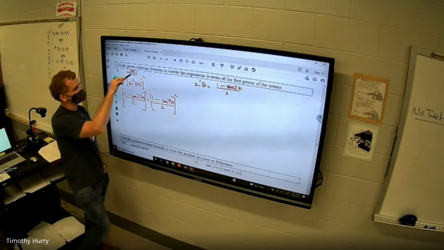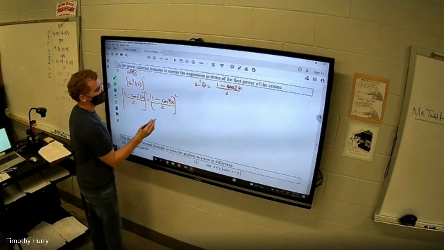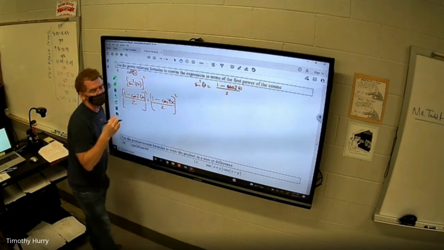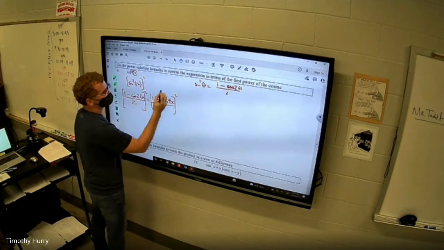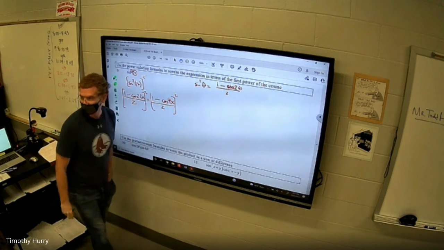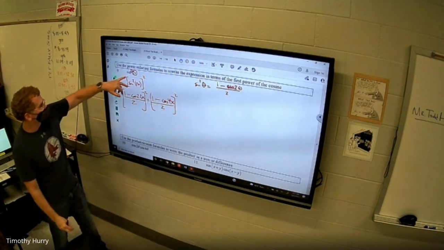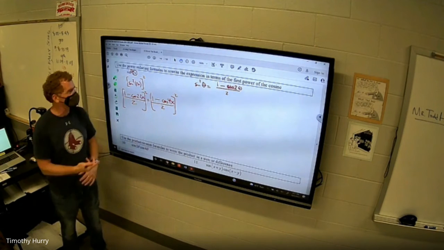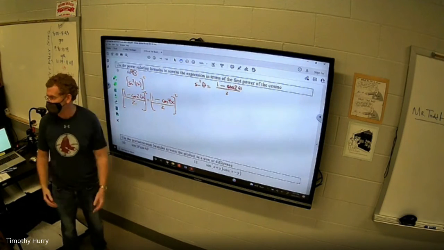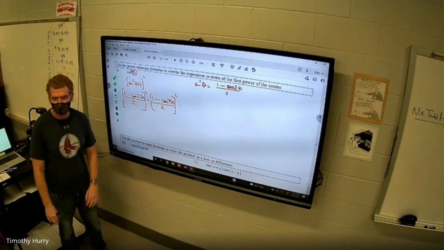It's going to end up putting me back here. I'm trying to write it in terms of the first power of cosine. So you're right that this right here kind of looks like a half angle, but it also looks like a power reducing. And remember, power reducing and half angles go like each other. You're going to end up back with a power of cosine, which is what I'm trying to avoid.